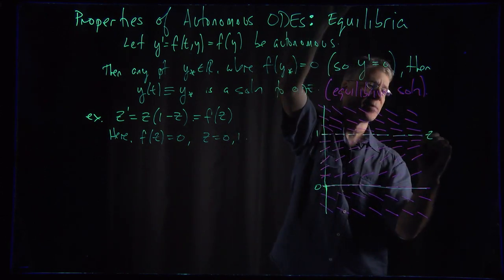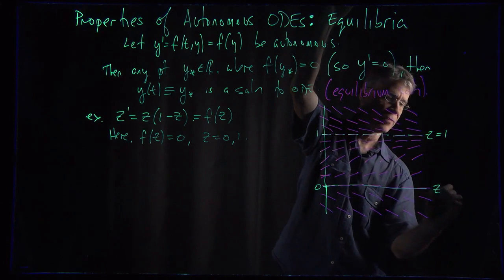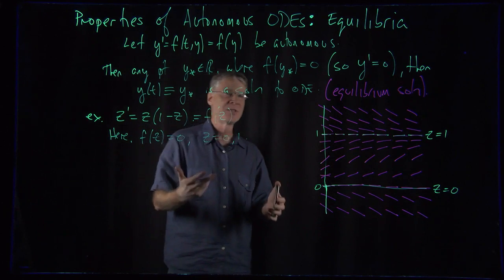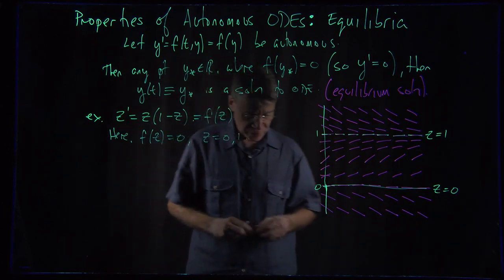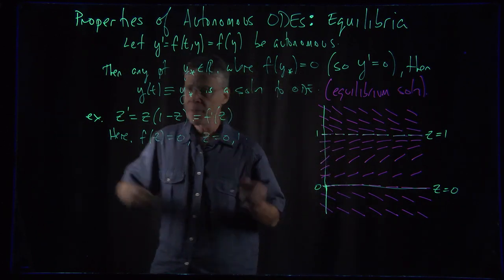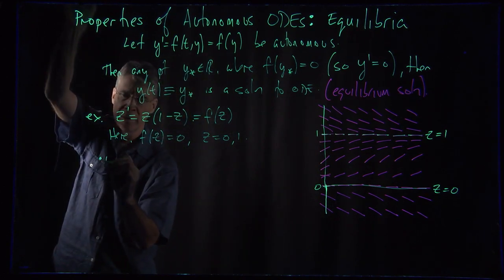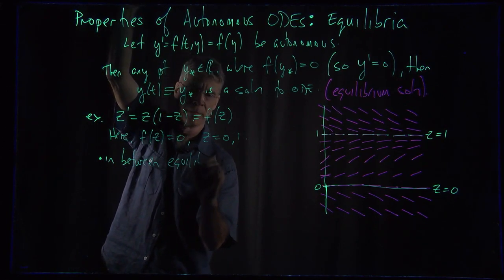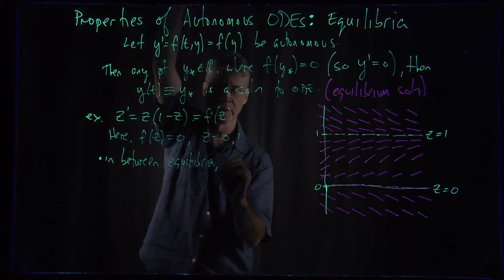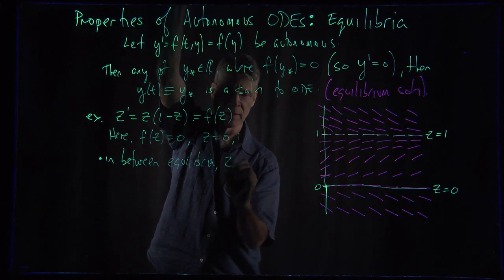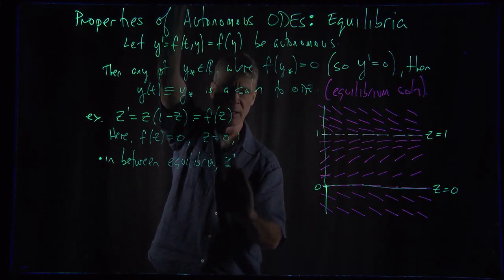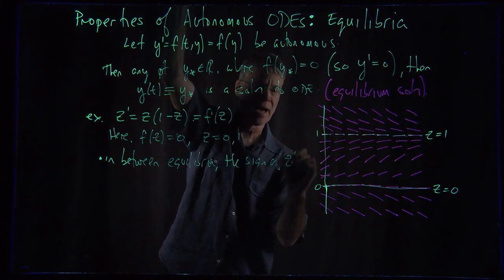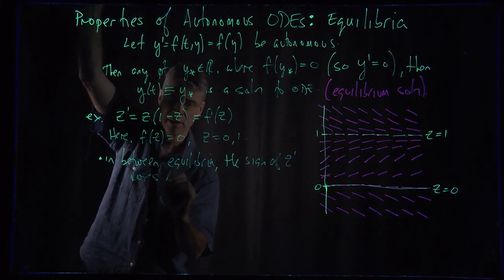I have a solution here at z equals 1. I have a solution at z equals 0. I have two equilibria solutions. z of t is equivalent to 1. z of t is equivalent to 0. And here, in between equilibria, the sign of z prime does not change.